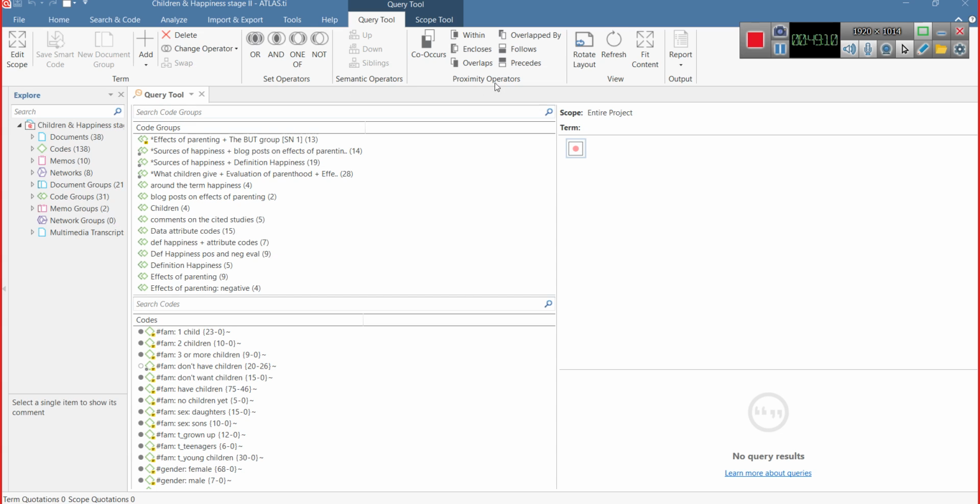And the proximity operators provide you with some kinds of analysis that help you search for patterns. For example, whether a code co-occurs with other codes, or is within some code, or follows some code, or precedes some code.